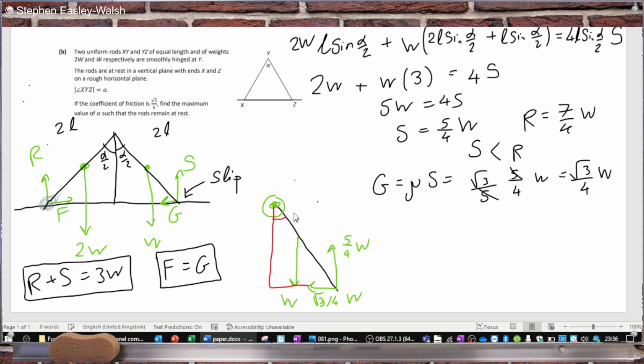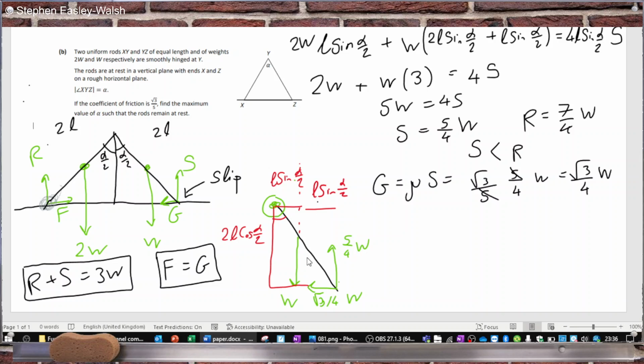So this is alpha over 2, which makes this side here the cos, so that's 2L cos alpha over 2. And then this side here is the sine, so that length there is L sine alpha over 2, and then that length there is the same L sine alpha over 2.